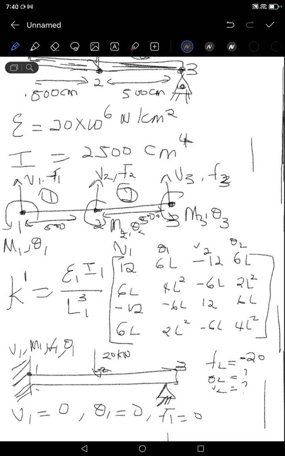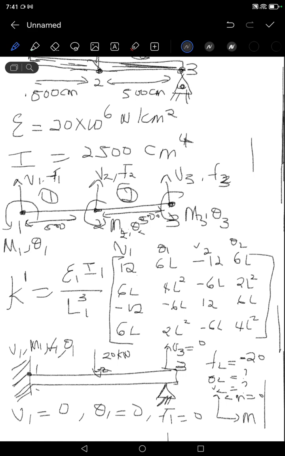And then here on the rotation, on the roller support, there is a moment on the horizontal, like on this side, we have the moment, okay? And then on the vertical, we don't have moment, which means the V3 here, V3 is going to be 0 because we don't have a moment on the vertical.